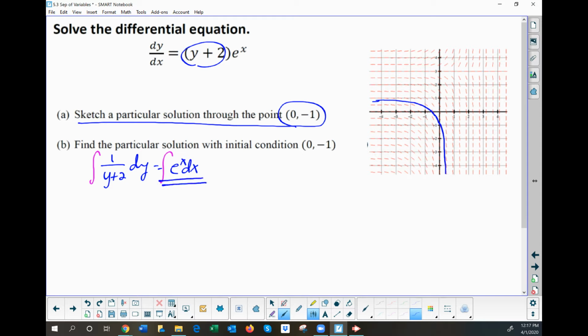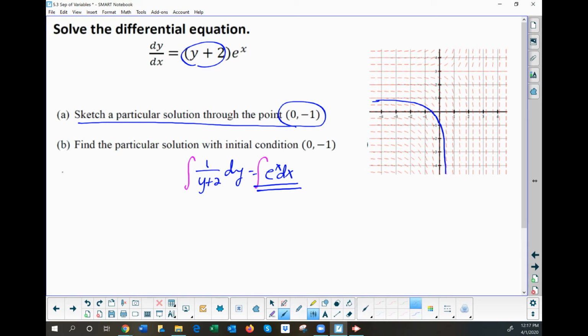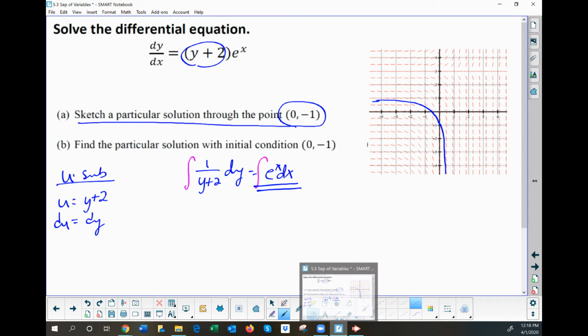I'm going to just slide this stuff over because I want my u substitution to be handled right here. U sub, mainly for the y case. So I'm going to let u equal y plus 2. Then I can see that du is equal to dy. Well, that's easy then. So I get the integral of 1 over u. dy is the same thing as du.